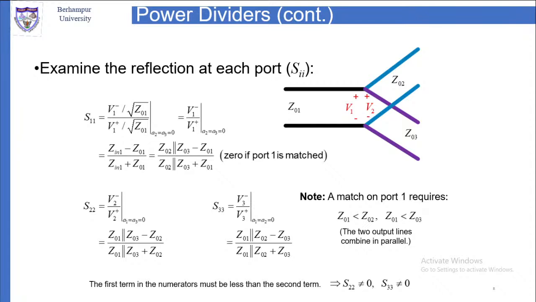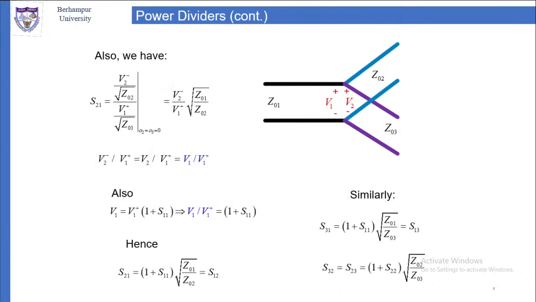Why? First terms will be less than second terms because Z01 is less than Z02 and Z01 is less than Z03. Using that, the first term will always be less than the second term. Since the first term is less than the second term, therefore S22 is not equal to 0, S33 is not equal to 0. This condition does not apply to the S11 because it can be matched. If it is matched, S11 will be equal to 0. That is possible, but these two are not possible.